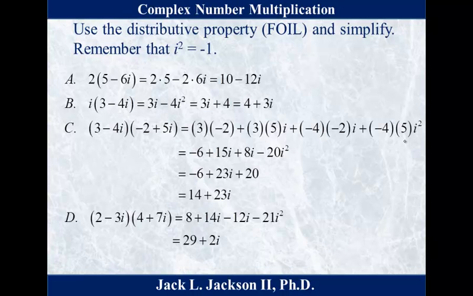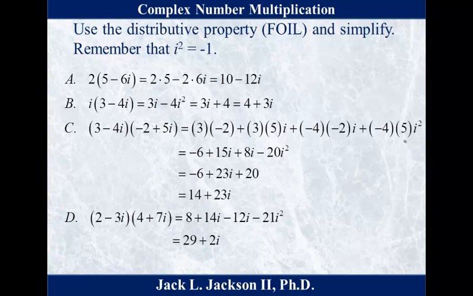The I, the inner part, is negative 4i times negative 2, which is positive 8i. And the L is negative 4 times 5, which is negative 20i... the i times i is i squared. Now i squared is negative 1, so that becomes plus 20. The 15i plus the 8i add up together, factor the i out, add the coefficients, that comes to 23i, and then 20 minus 6 is 14, so you end up with 14 plus 23i.